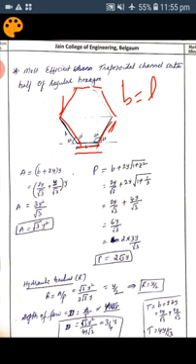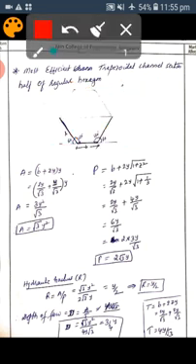In this, since the sides are equal and also this angle is 60, the internal angle is 120 degree. So it represents half of the hexagon. Hence the most efficient trapezoidal channel section will be half of a regular hexagon. So this is the third condition.